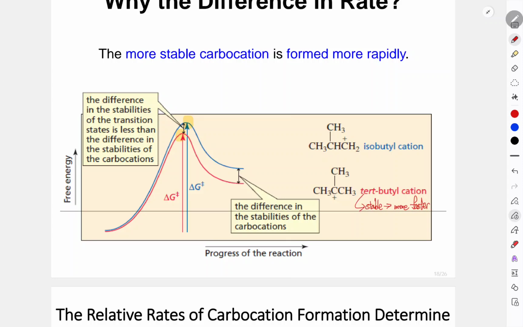Then you can explain that the barrier from the common reactant state to the intermediate state is small in red as compared to the blue. That's why the red pathway in this scheme will give you faster kinetics.